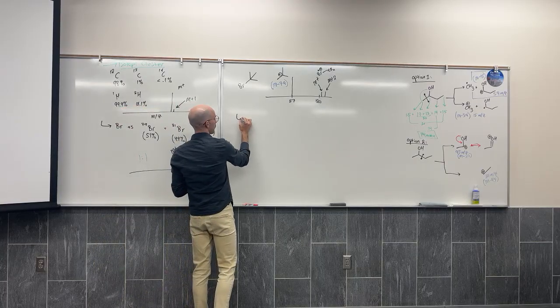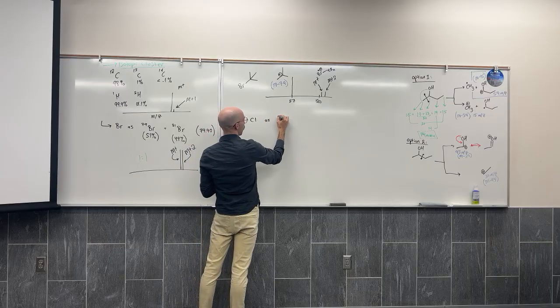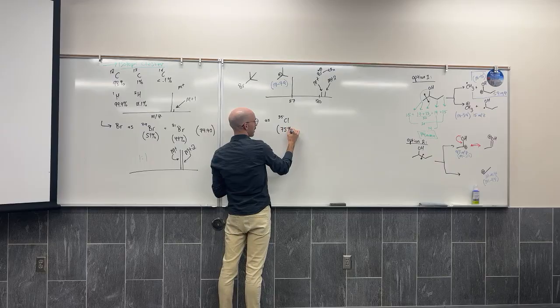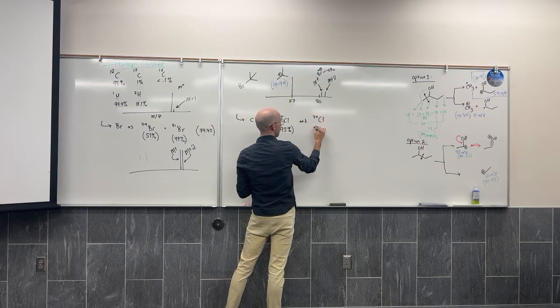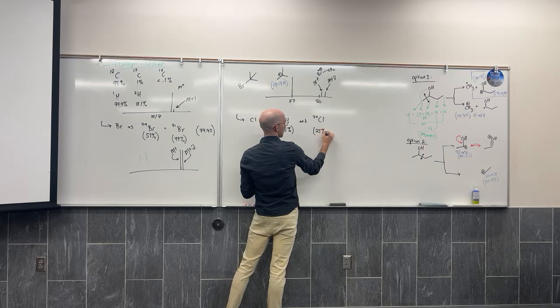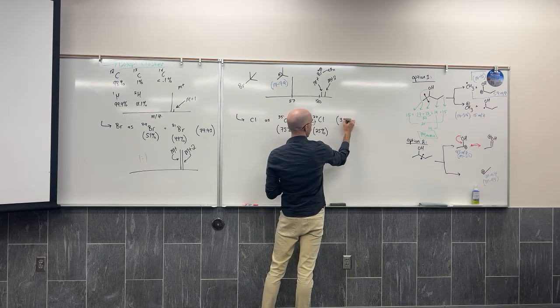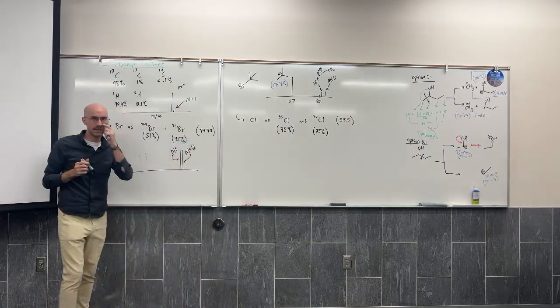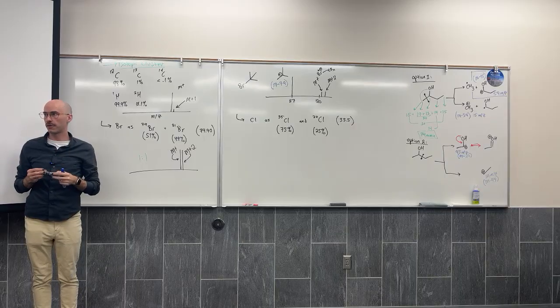Chlorine appears as chlorine 35, 75% of the time, and chlorine 37, 25% of the time, which gives us this false impression that it weighs 35.5 atomic mass units, but it never actually weighs 35.5.